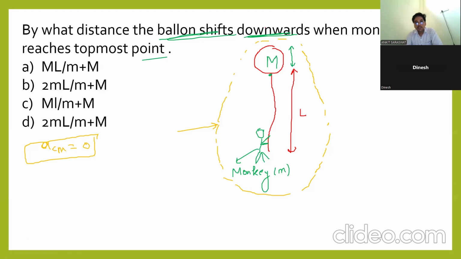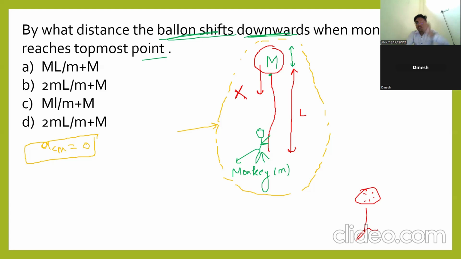Very good. So let us suppose balloon will come down by x. Now, what is the displacement of monkey? You please tell me if you are looking from the ground. If you are the observer on the ground, what is the displacement of monkey with respect to ground?